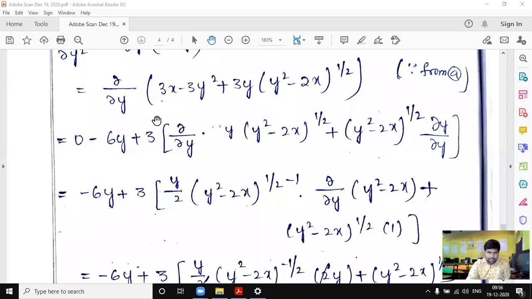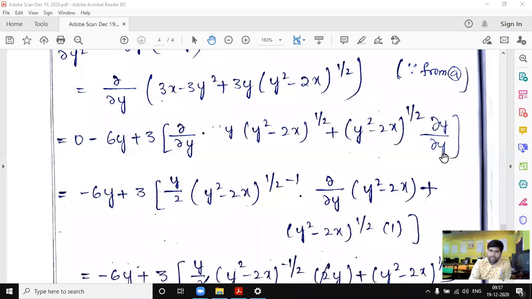So minus 6y plus 3 into ∂/∂y of [y into (y² minus 2x)^(1/2)], that is y into ∂/∂y of (y² minus 2x)^(1/2) plus (y² minus 2x)^(1/2) into ∂y/∂y, applying to this one.